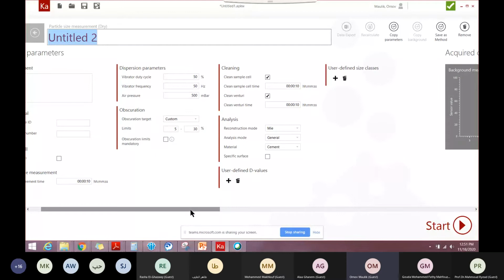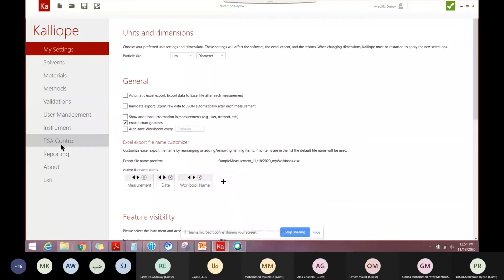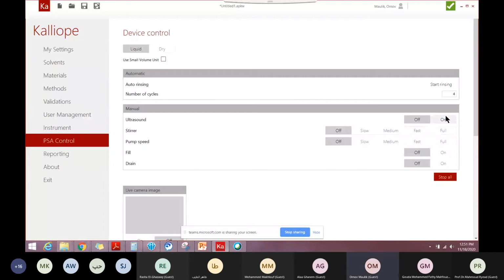Before that, I will just fill my sample tank with water. So I'll go to the PSA controls and fill it.